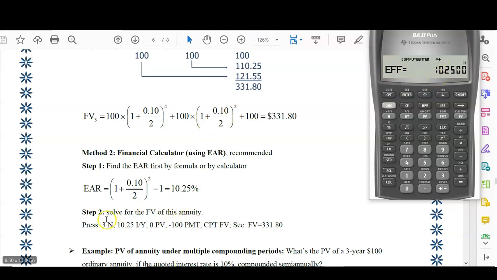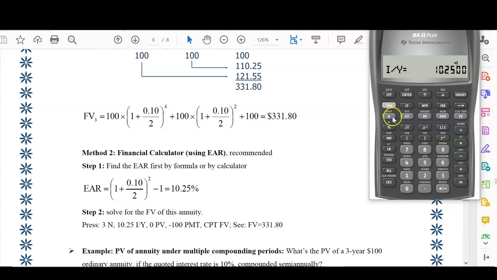Step 2. Now we have this rate 10.25 as I, and this is the annual rate, compounded annually. We can just treat this as a regular question with annual rates and 100s occurring at the end of the 3 years.